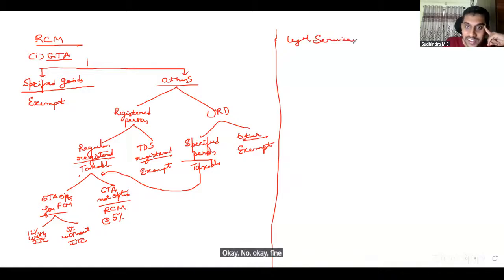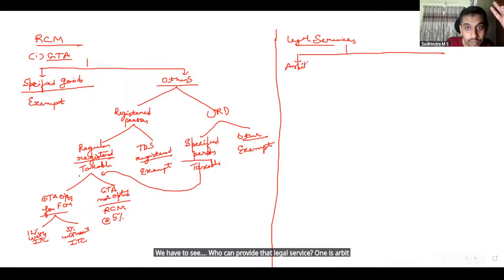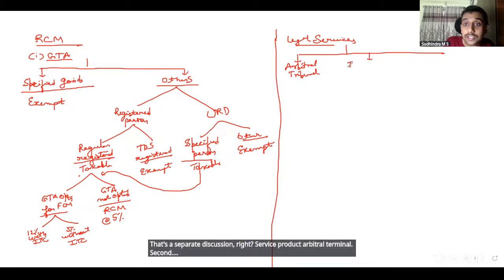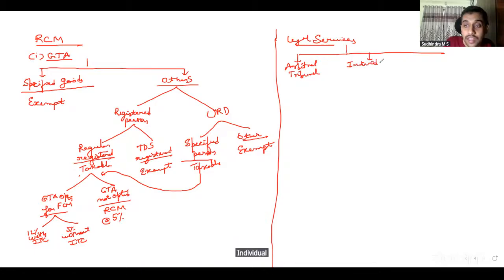Next one, legal services. In case of legal services, we have to see who can provide that legal service. One is arbitral tribunal, that's a separate discussion. Second, individual advocate or firm of advocates.